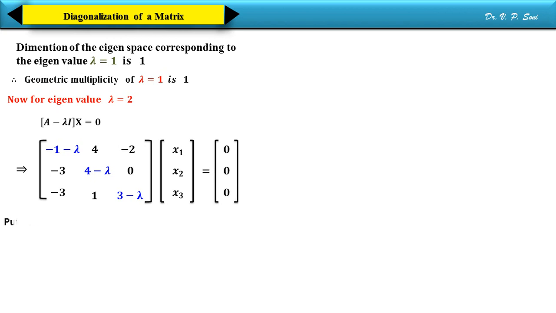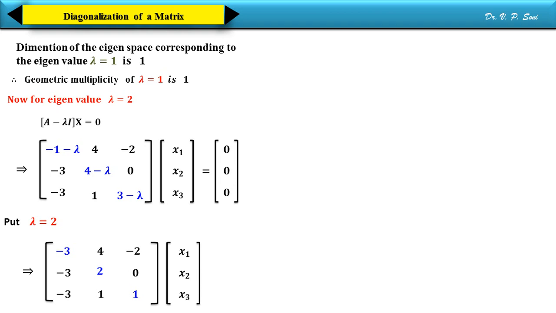Now put lambda equal to 2, then we get the matrix whose first row is minus 3, 4, minus 2, second row minus 3, 2, 0, third row minus 3, 1, 1, times the column matrix x1, x2, x3 equal to the column matrix 0, 0, 0.